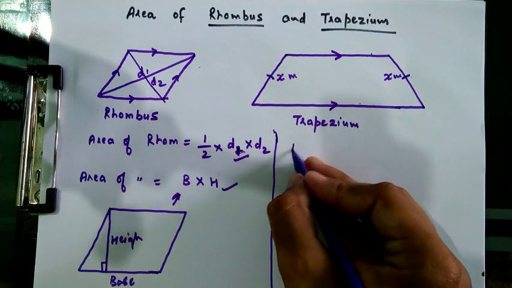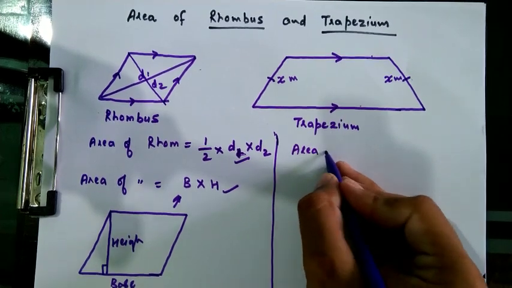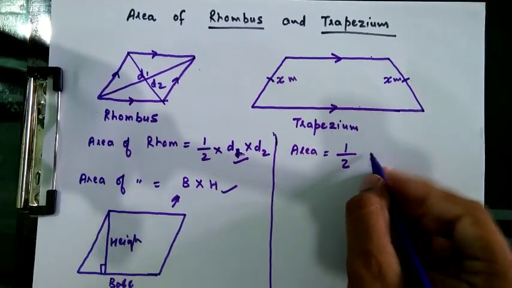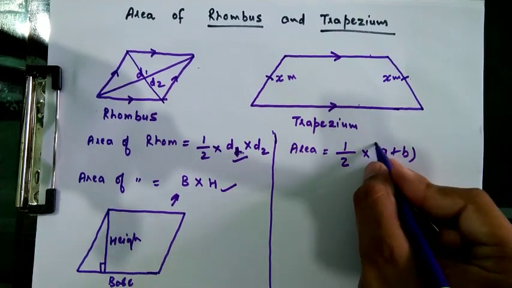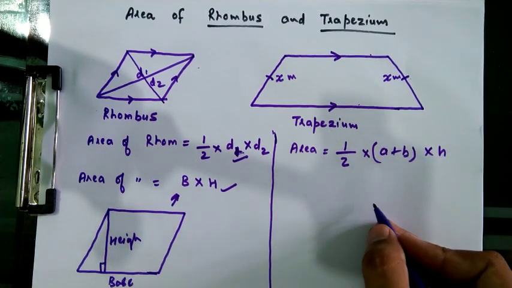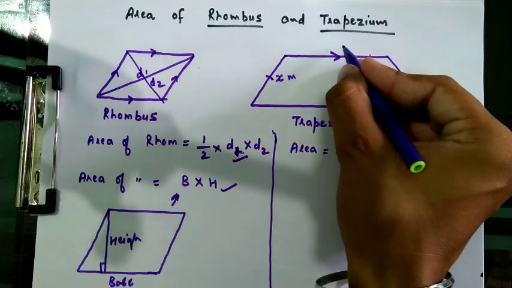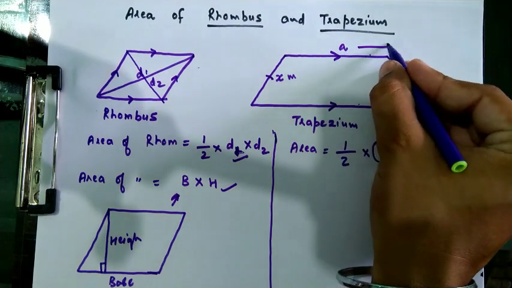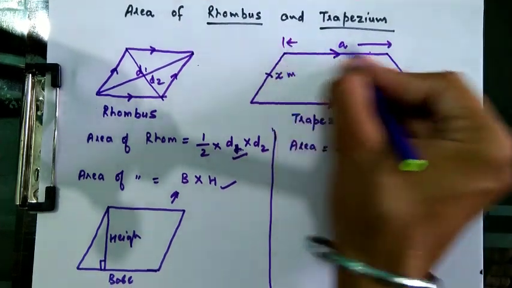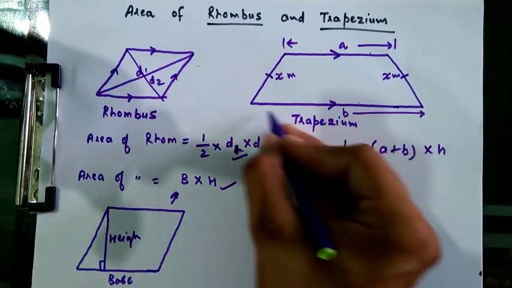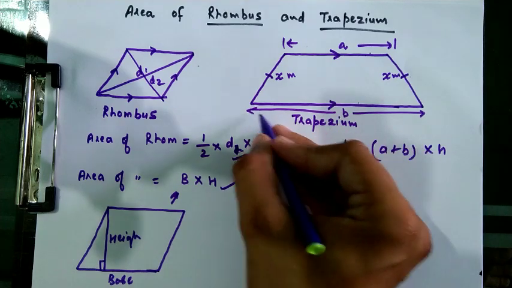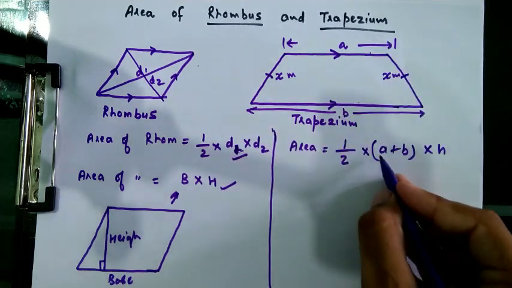Now area of trapezium is equal to half multiplied by a plus b multiplied by its corresponding height. As you know, this is a, from this point to this point, and this is b, from this side to this side: the length of the lower side plus the length of the upper side.